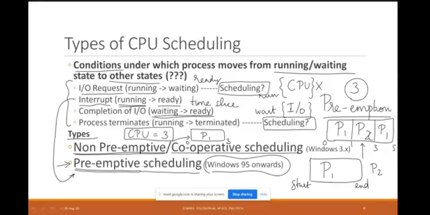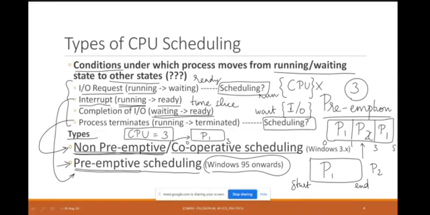When there is no interrupt in between, that comes under non-preemptive. The only time your processor can switch is process termination. Only when a process termination happens can your non-preemptive scheduling algorithm take the next process for execution.